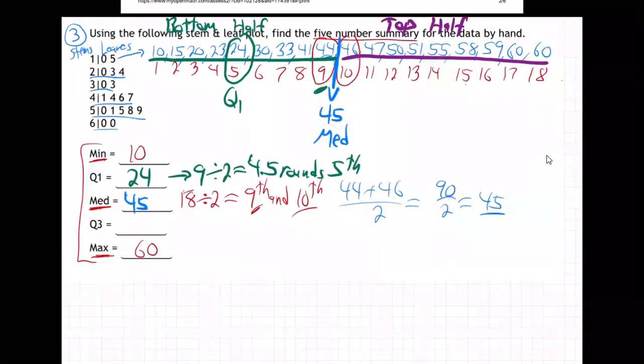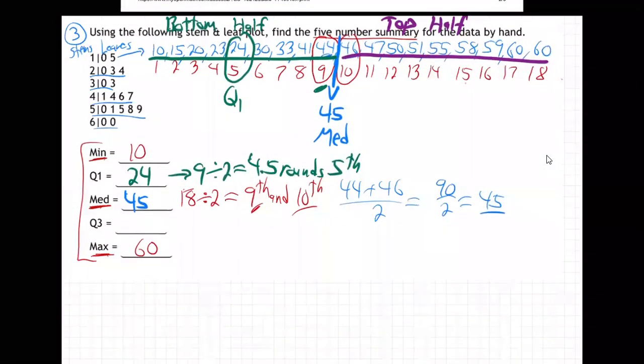So for the upper half, I'm going to rewrite the numbers and restart: 1st, 2nd, 3rd, 4th, 5th, 6th, 7th, 8th, 9th. So 9 data values. Which one is in the middle?